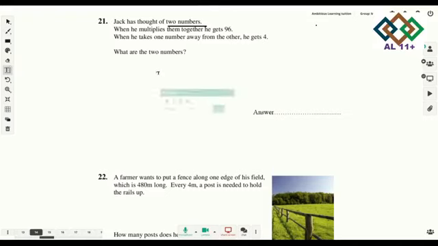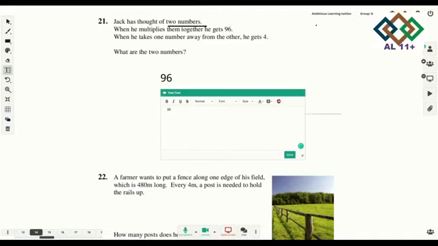So basically, they said that, let's see if you guys get it, 96 equals 48 multiplied by 2.